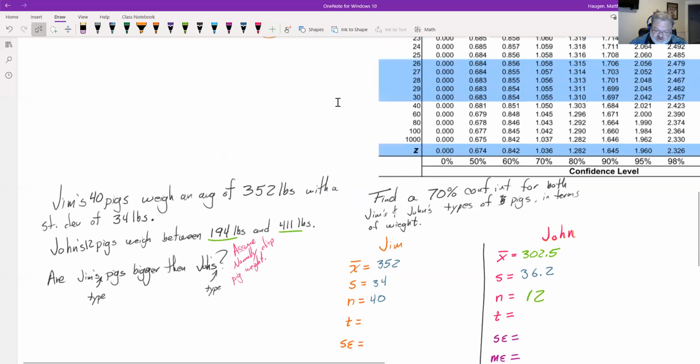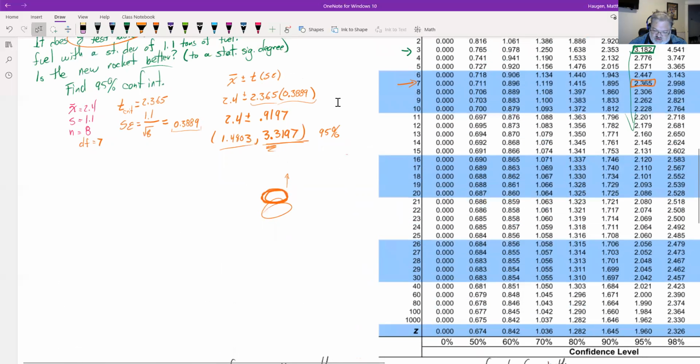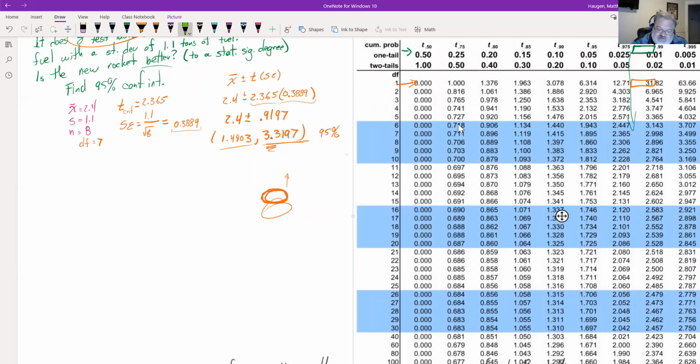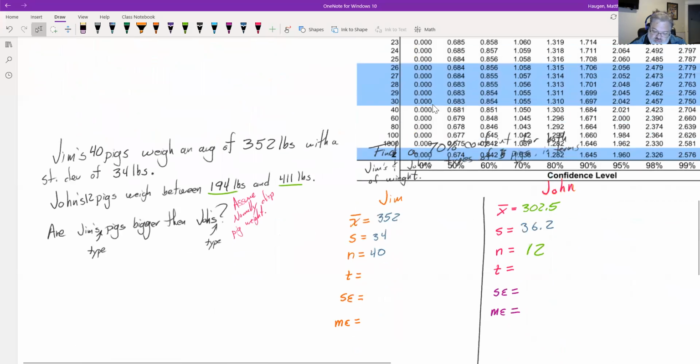So if we go up to our chart on 70%, 70% has a tail size of 15, and we go down to a degrees of freedom of 11. That gives us a t-value for John of 1.088.